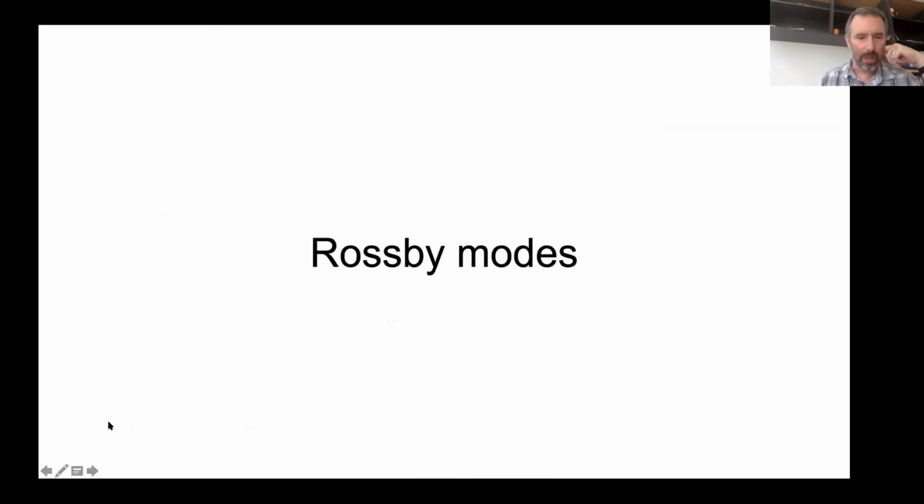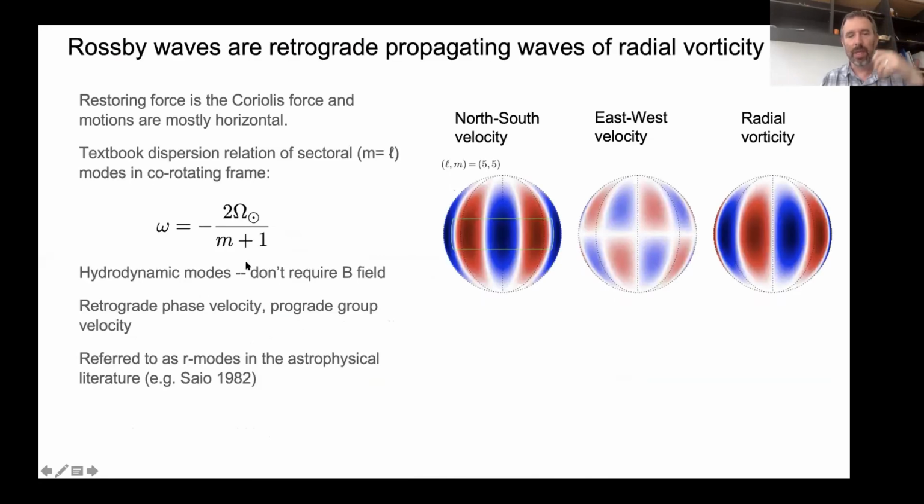Okay, I wanted to say a little bit about Rossby modes also. Here's the one slide introduction to Rossby waves. The restoring force is the Coriolis force. The motions are essentially horizontal.